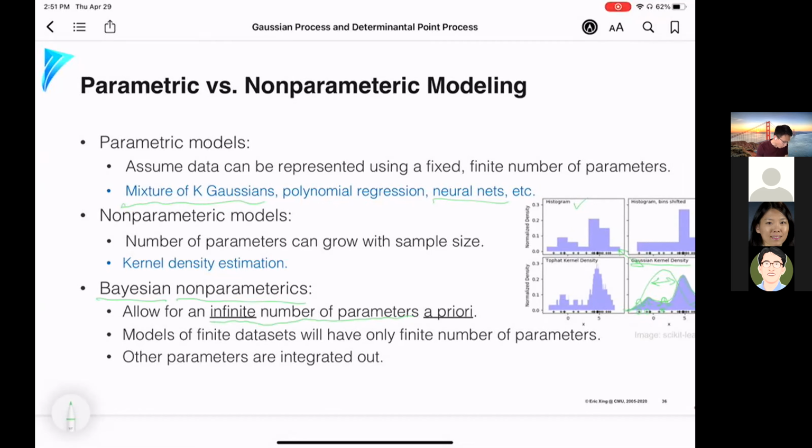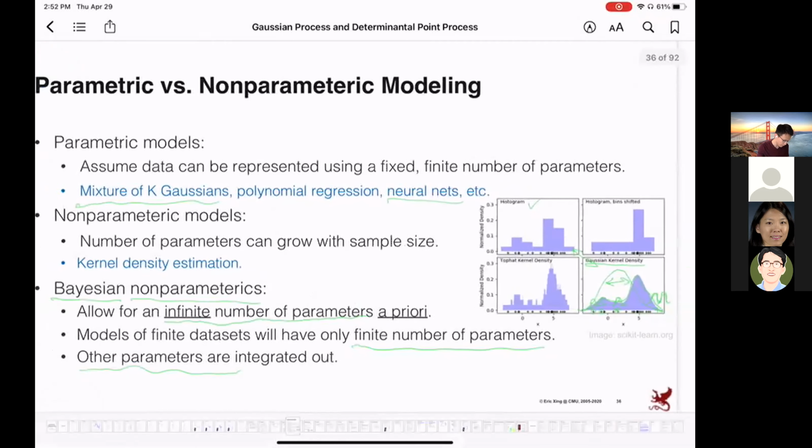But because there are only finitely many samples in our data set, we only have a finite number of parameters. But in principle, we can have infinitely many. And then when we want to use this for prediction, the extra parameters will be integrated out. So we will still be dealing with finitely many parameters. This will all become very concrete once we see the example in the incoming slides.